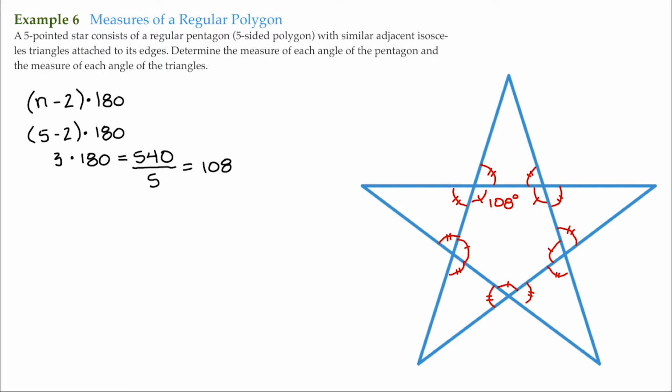So all I have to do is then determine the measure of this angle here by taking 180, that's our straight angle, minus 108, that's the supplementary angle, and that's going to come out to be 72 degrees. So that's the measure of this angle here. I'm just going to pencil it in there. And of course, that's the measure of this one, this one, this one, and all the way around.